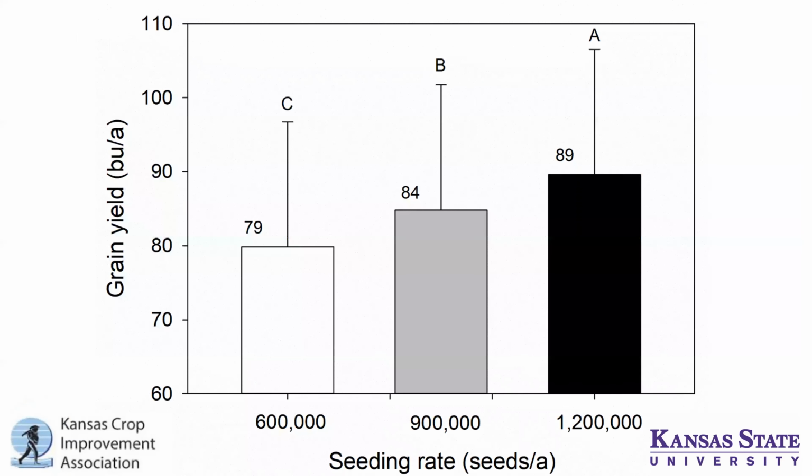Going a little bit more in depth here, this is the analysis across all those 7 locations. As we increased seeding rate, for every 300,000 more seeds that we were planting, we were increasing our grain yields by about 5 bushels per acre, right? And that was pretty linear, as you see there.